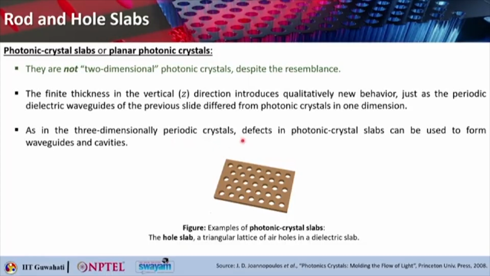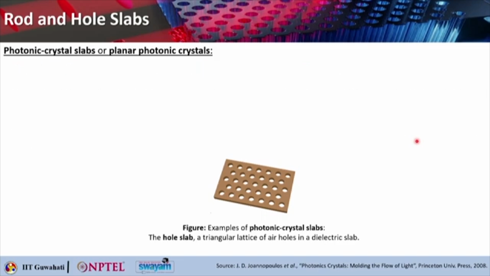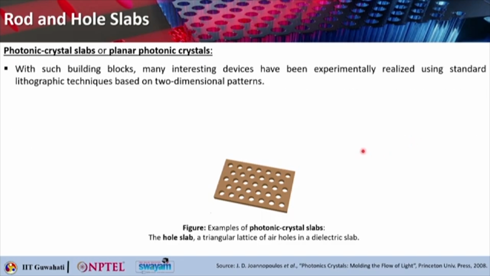Now as in the 3-dimensionally periodic crystals, defects in photonic crystal slabs can be used to form waveguides and cavities. That we will discuss later, maybe in the next lecture, but here we will be mainly analyzing some new features.